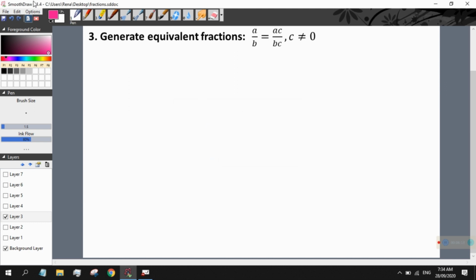Okay. So for this one, generate equivalent fractions. This is where we put fractions into lowest terms. For example, we have 8 over 6. So 8 over 6 can still be simplified. How? Look for a common factor of the numerator and denominator. What are the factors of 8?